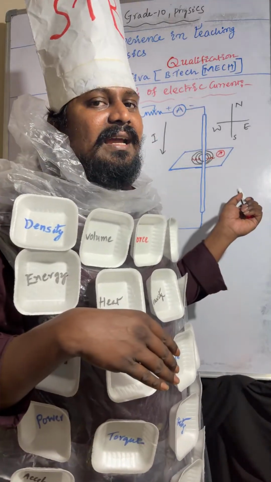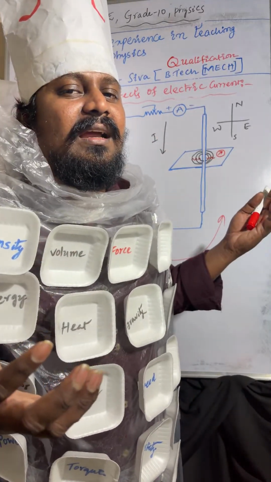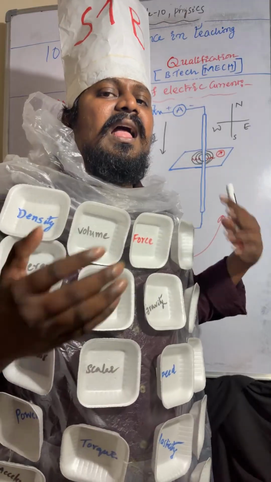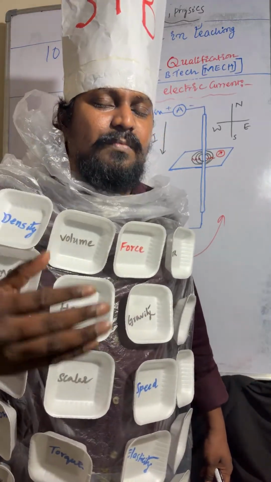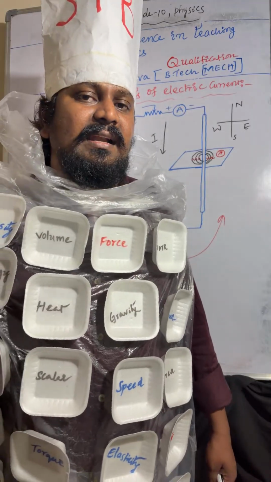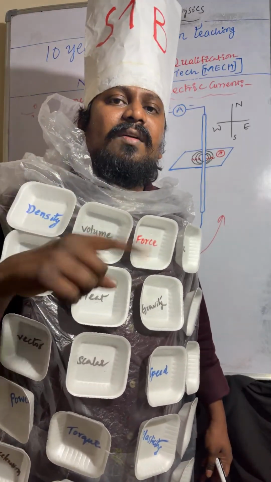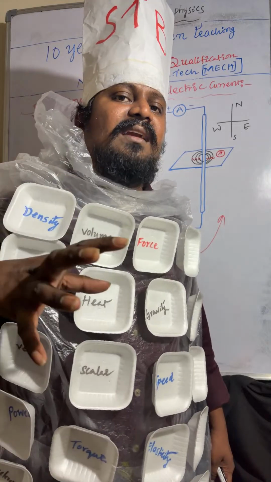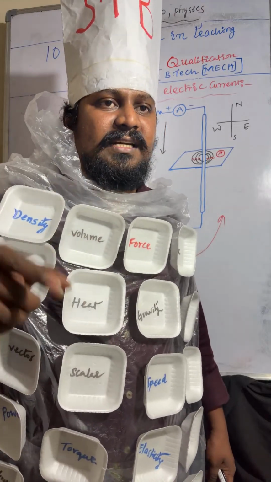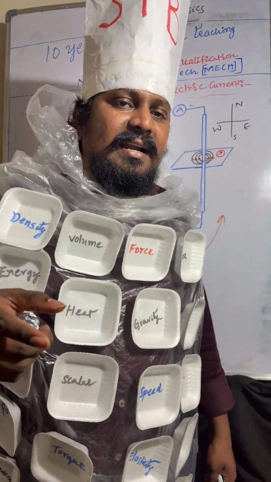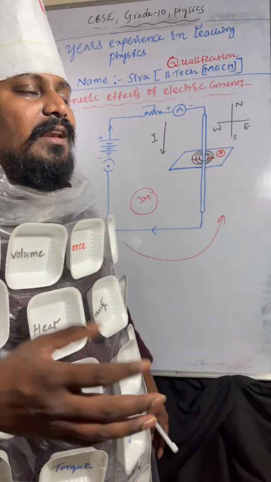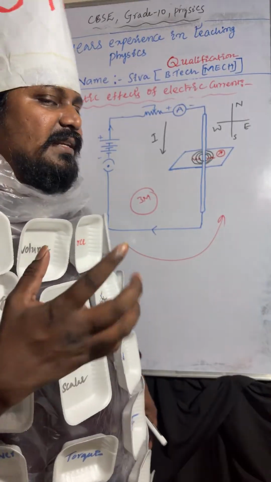This is a current-carrying conductor, right? Near the current-carrying conductor there is more magnetic field, and away from it there is less magnetic field. And around the current-carrying conductor, the magnetic field will be in the form of concentric circles.